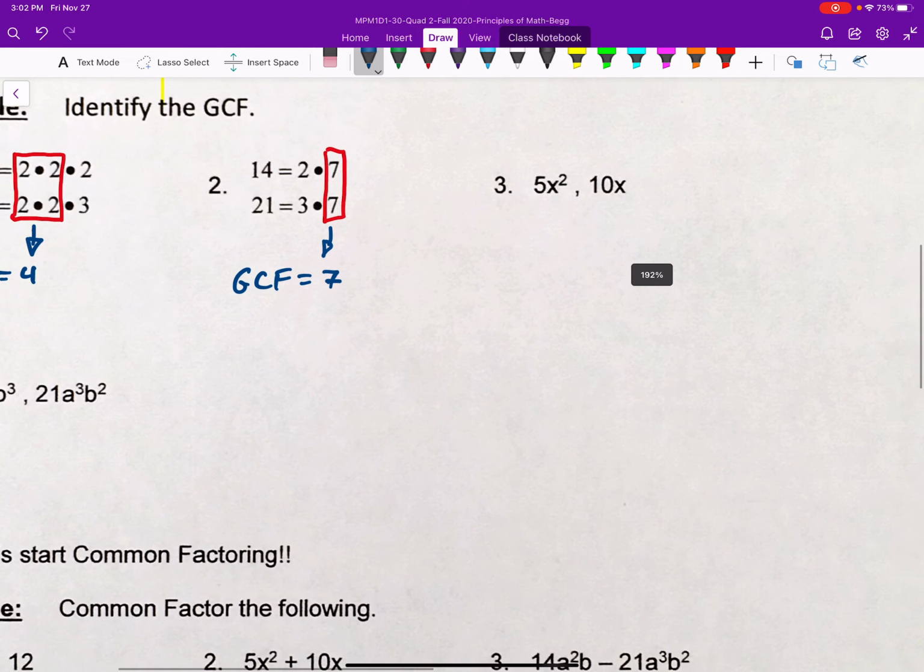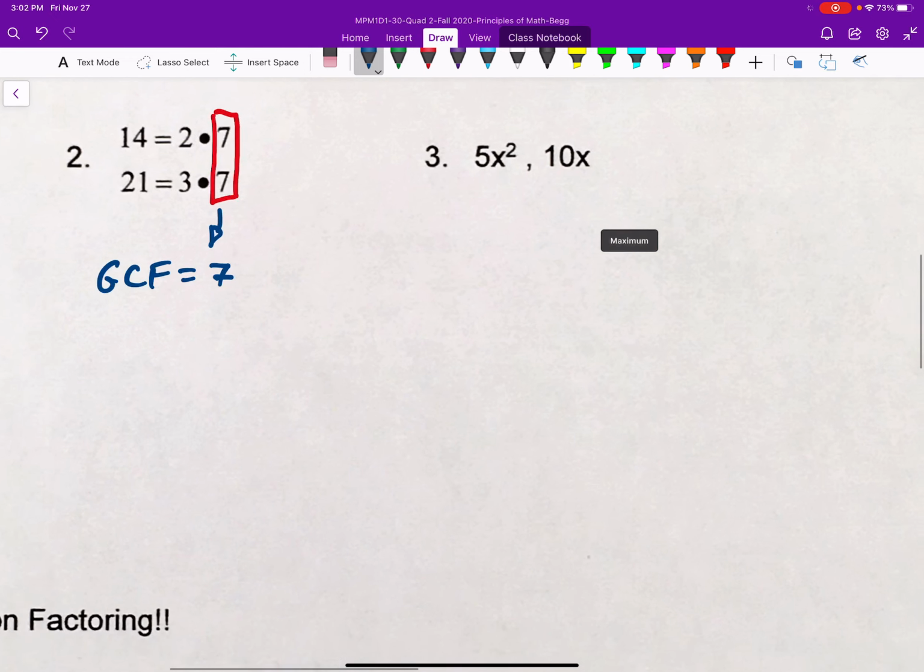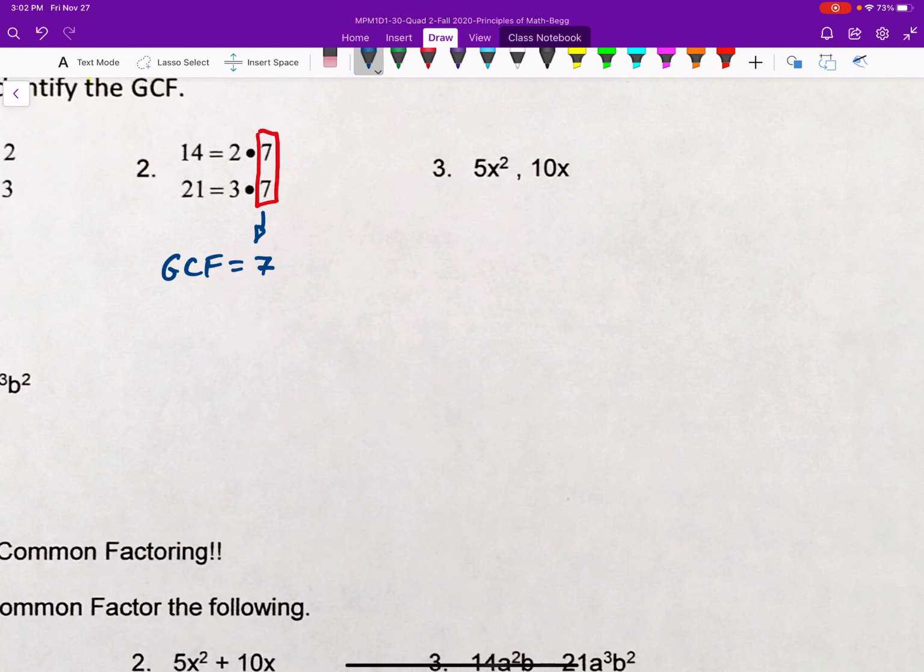In number 3 here, it hasn't been broken down for us. So since we're on the roll here, let's do that. 5x squared can be thought of as 5 times x times another x, because x squared just means x times x. 10x can be broken down as 2 times 5 times x.